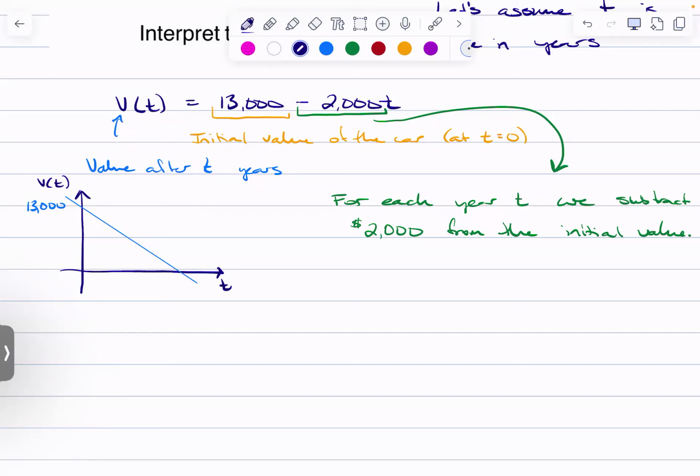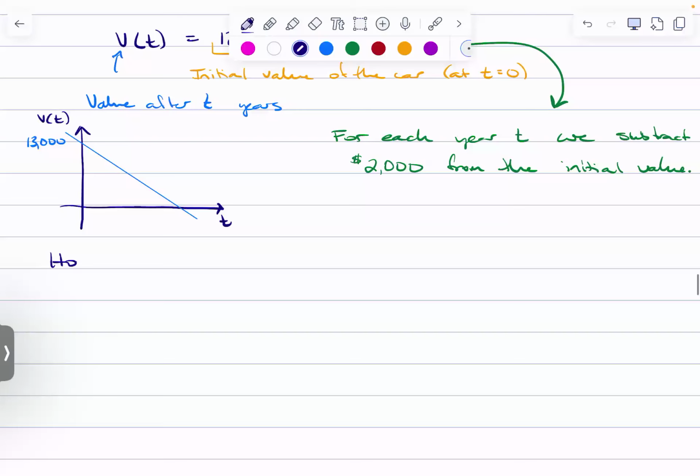How long until the value is $0? We can solve that. How many years until the value of the car is $0?